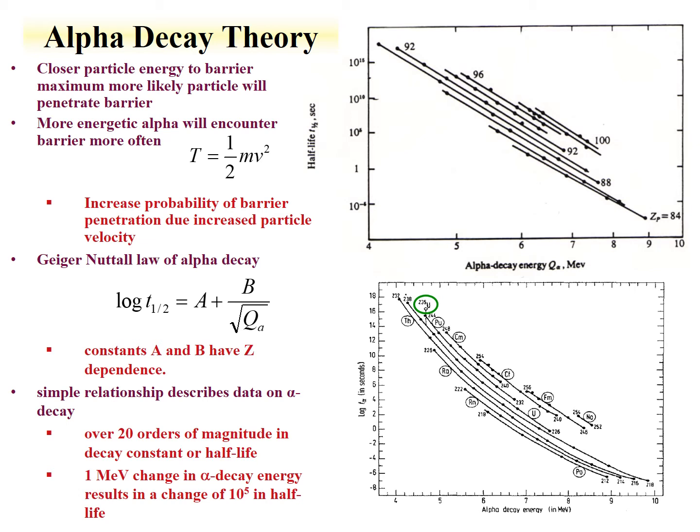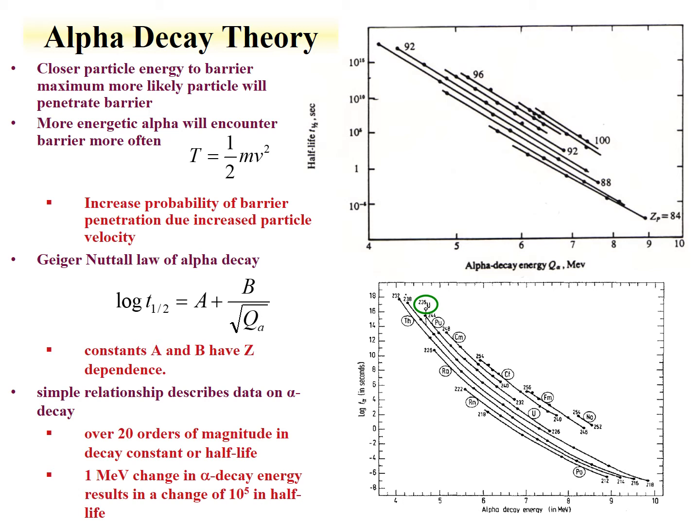So one of the manifestations of this model we just discussed is that the closer the particle energy is to the barrier, the more likely the particle will penetrate that barrier. Also, a more energetic alpha particle will encounter the barrier more often. If we think about the kinetic energy, the mass would be the same, so the velocity would be greater for a more energetic particle.